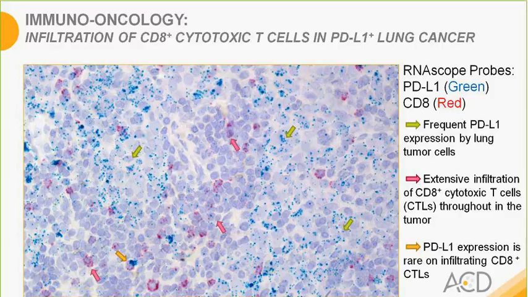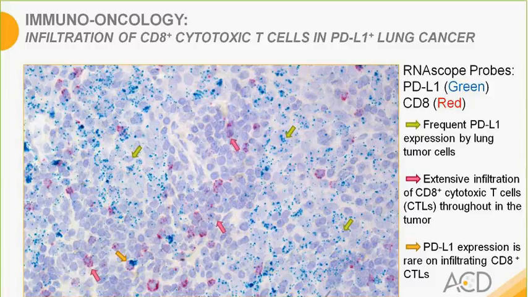It goes without saying that immuno-oncology is one of the currently most exciting areas of research, and RNAscope is a great tool for the identification of specific cell types of interest within tumors expressing various immuno-oncology markers, including PD-L1 and other cell surface receptors and cytokines.